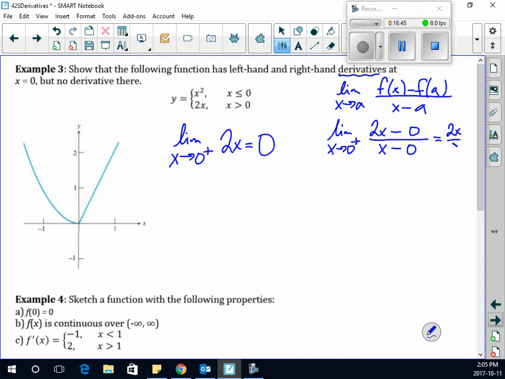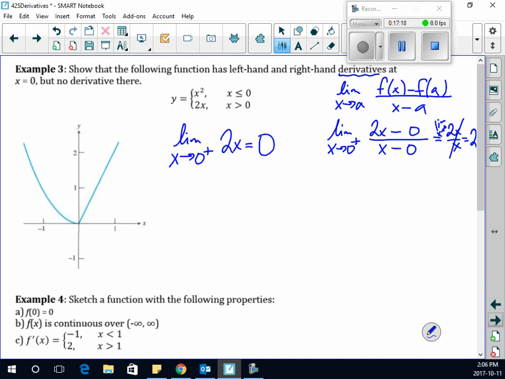The limit as x goes to 0 of 2x over x. The x's will cancel, because otherwise I'd get 0 over 0, right? And what do I get? 2. So let's look at that for a second. Is this line right there on the right of 0 approximately a slope of 2? If I measure that, it's pretty noticeable that the slope is 2. So coming from the right, the slope is 2.